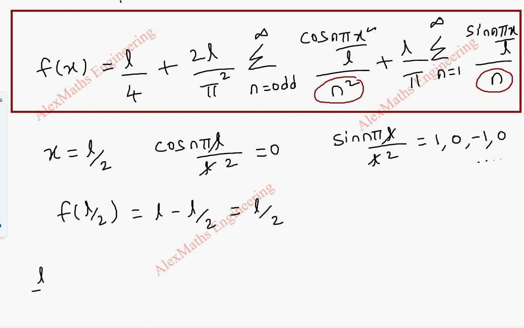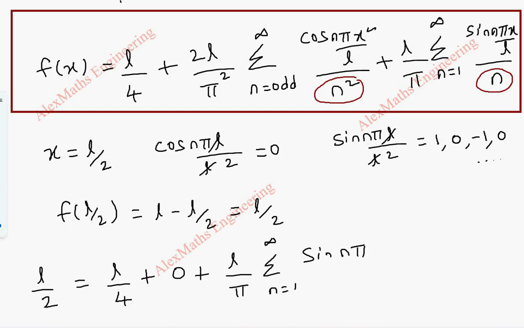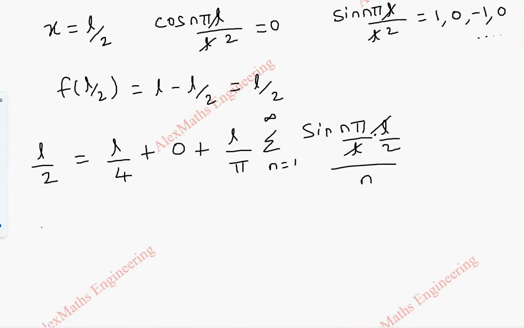So now for f of x, I put L by 2, and this is L by 4, and this sin term exists and cos term does not come because it is 0. So 0, and now L by pi summation n equal to 1 to infinity sin n pi by L into L by 2 and by n. We can cancel this. So we have L by 2 equal to L by 4 plus L by pi, and we open the summation.